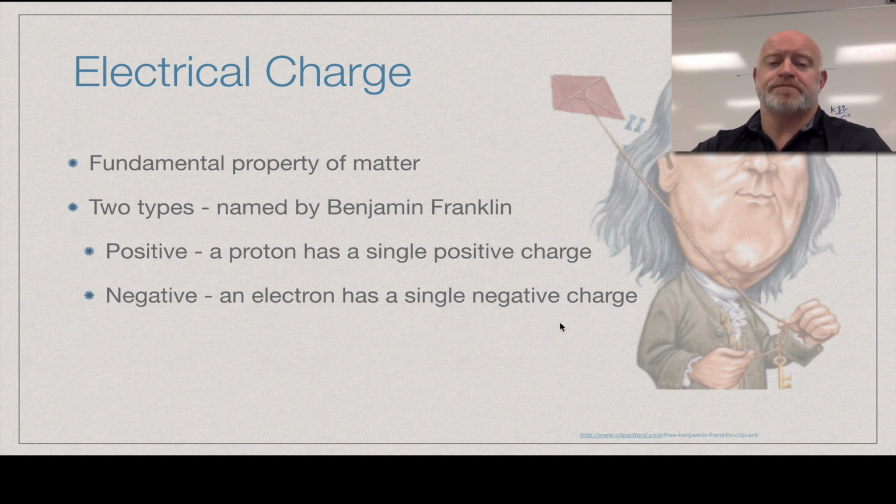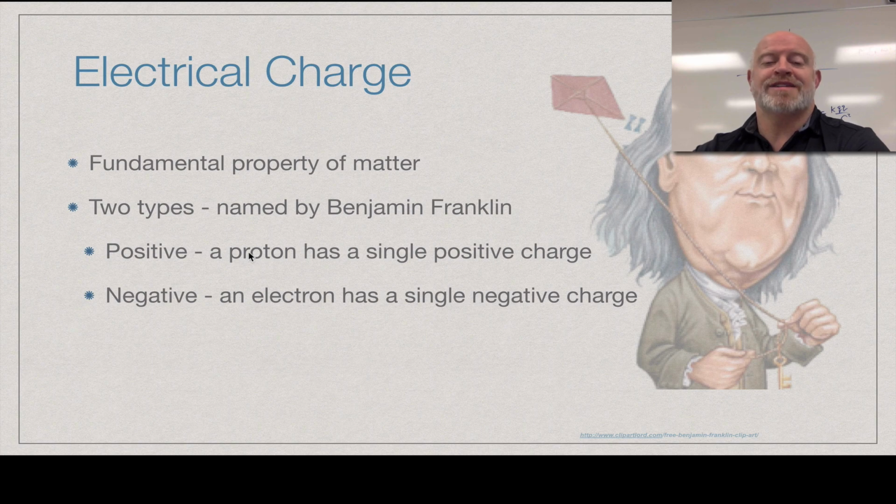Now, coming back to Benjamin Franklin, he identified that different particles have different repulsive or attractive forces, and he called that charge when it came to protons and electrons. If they're positive, we've identified that with being a proton. If it's negative, we've identified that with being an electron. The positive and negative was actually arbitrarily chosen by him in terms of which one we call positive and which one we call negative, because really it's just opposing forces that we're talking about.